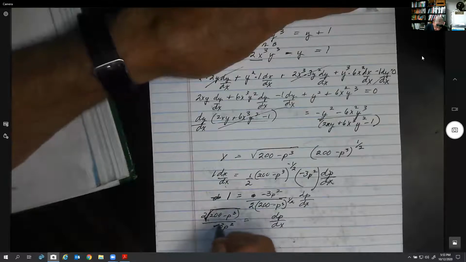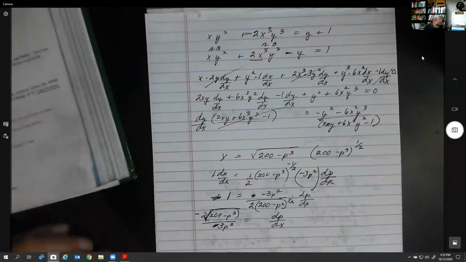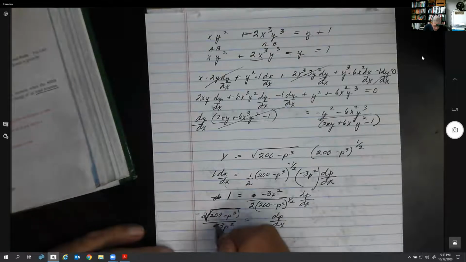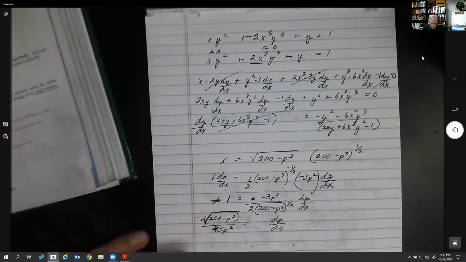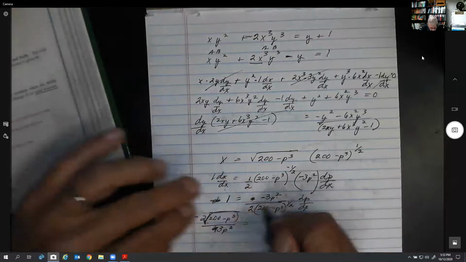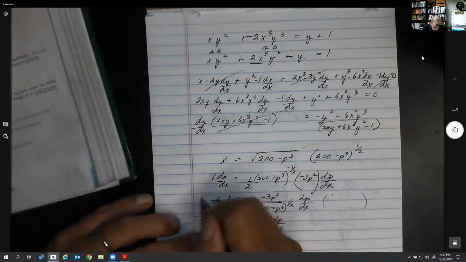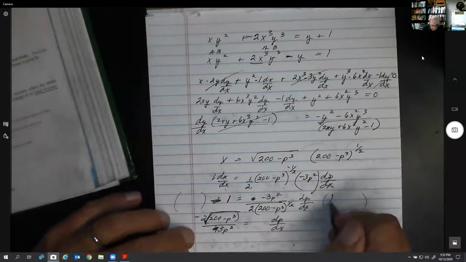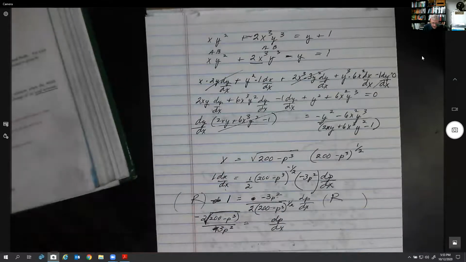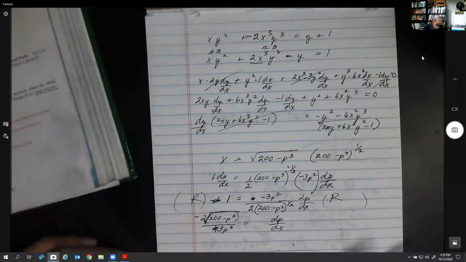And we might bring the negative to the top, like that, or keep it on the bottom. Okay, so what I did is I multiplied both sides by the reciprocal. I don't want to write all that down, but I put the reciprocal here and the reciprocal here. Saved a little bit of work.